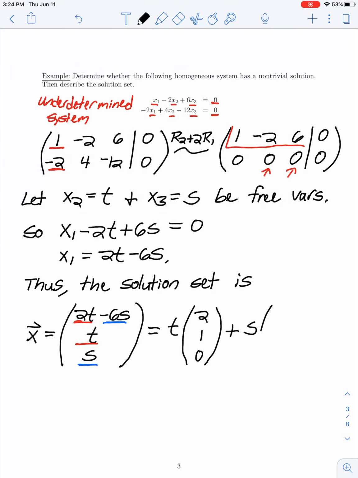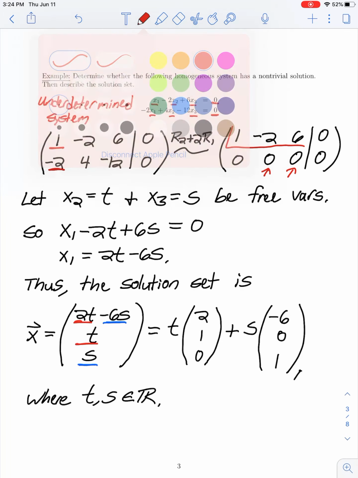So we could write this as s times the vector negative 6, 0, 1, such that t and s are any real numbers that we want. So this would be our solution set, and we're asked to describe this solution set. So what we're talking about here is a linear combination of two vectors.